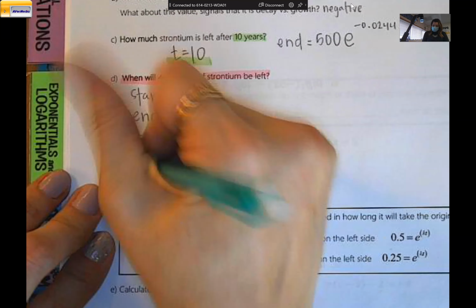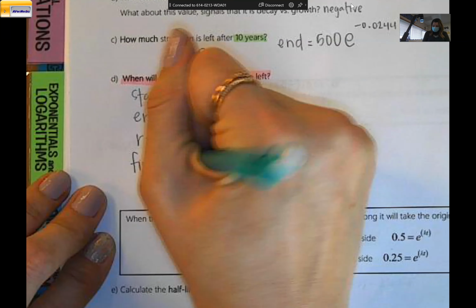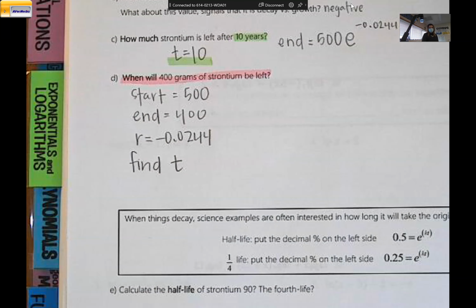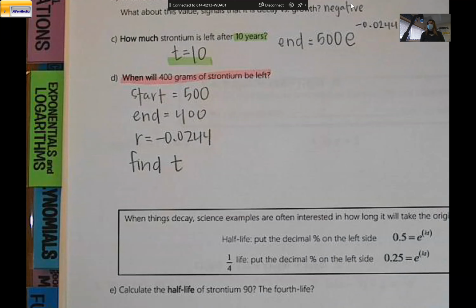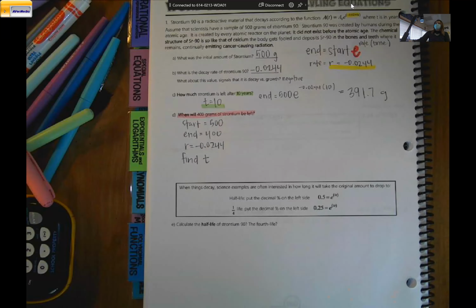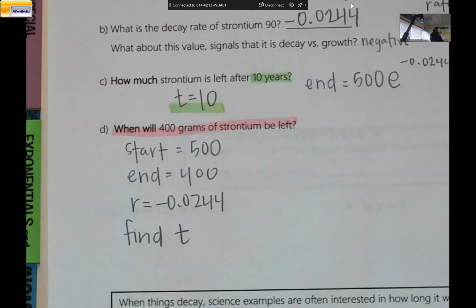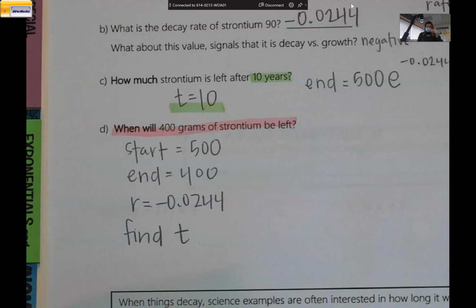And what they're asking us to find is time. Find T. You have 2 quiz questions that ask you to identify these things. It's going to say, what's your starting amount? What's your ending amount? What is your rate? And then find T.